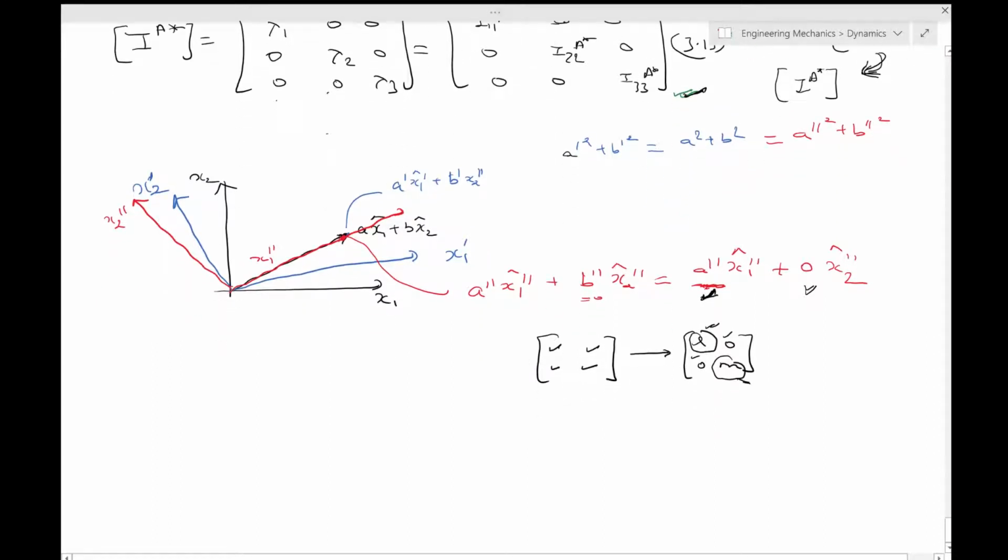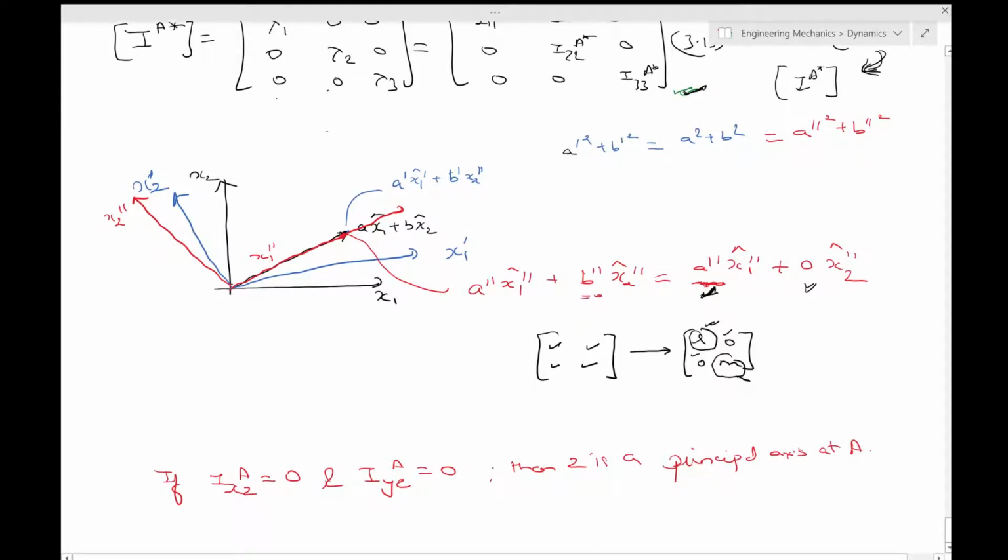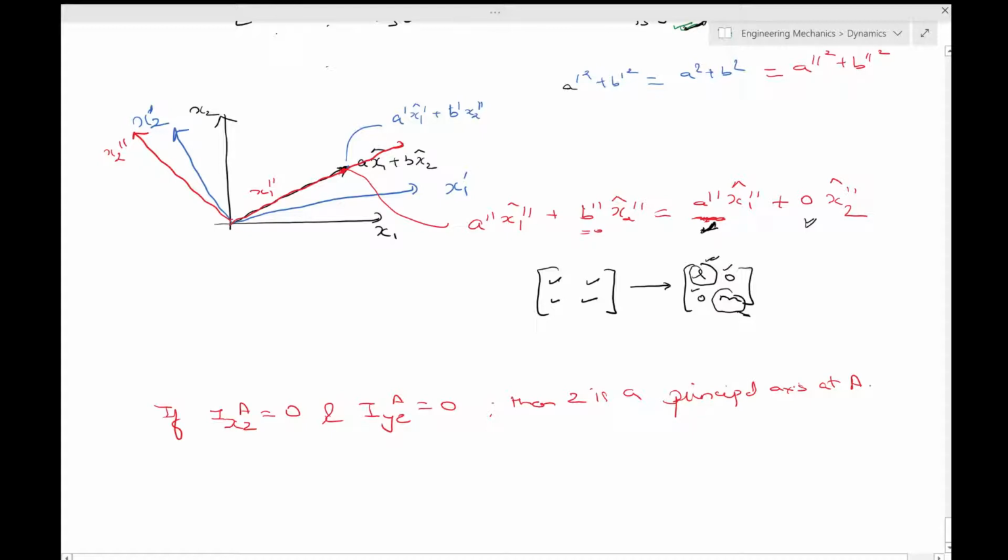This is one of the exercises in your text through which you will be able to verify that if I_xz of A is equal to 0 and I_yz is equal to 0, then z is a principal axis at A, meaning all the so-called weight of the tensor will be lying along the diagonal terms.